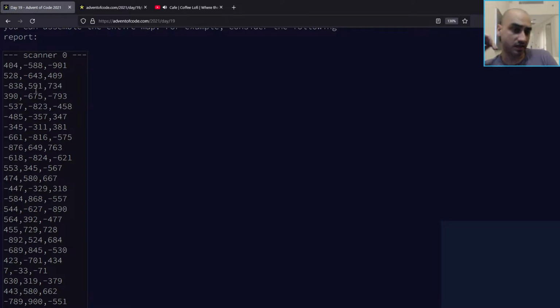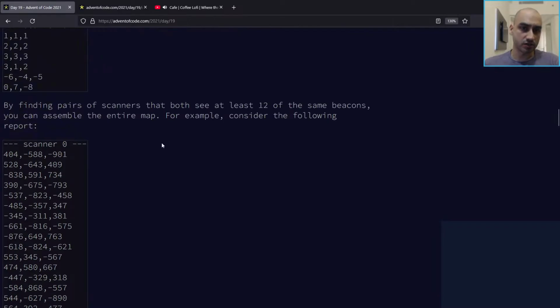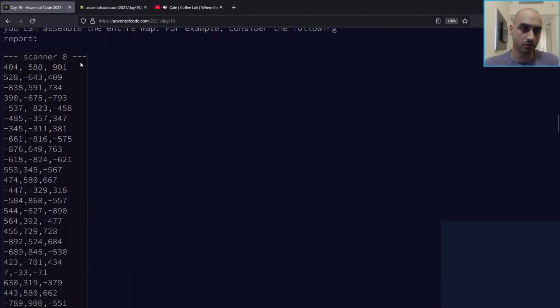They said there's 24 different orientations. It's not just all the permutations, because some of those are invalid. It has to be like orthogonal rotations or something.